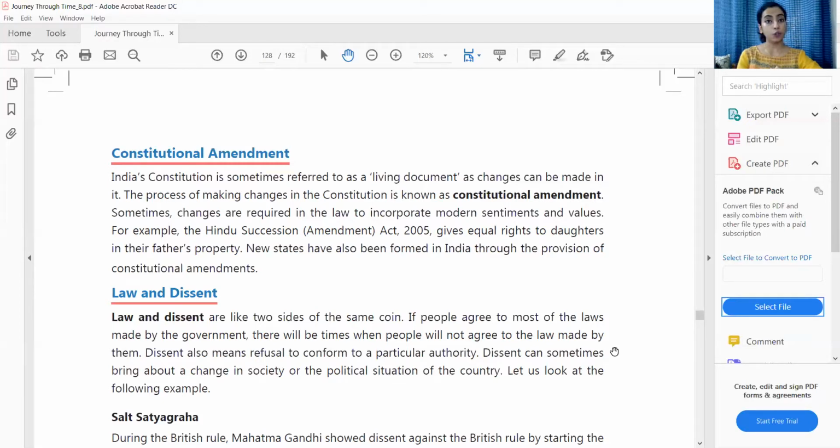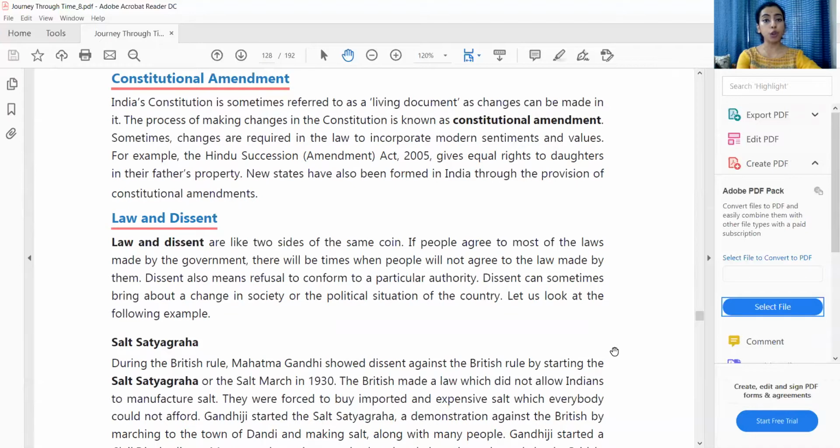Earlier, daughters were not given any property rights, but through the Hindu Succession Amendment Act of 2005, daughters can now also claim a right to property in the father's property. All right. Through constitutional amendments, new states have also been formed. So this is all about constitutional amendment.